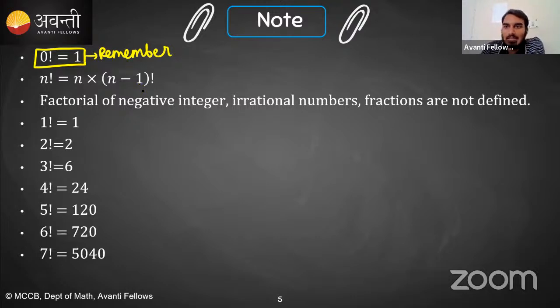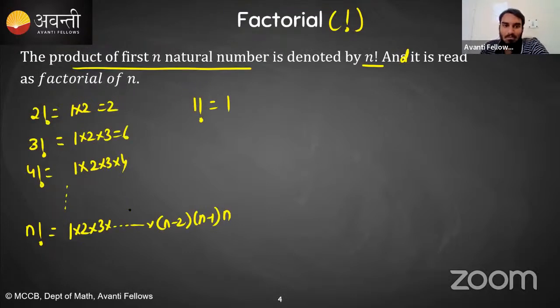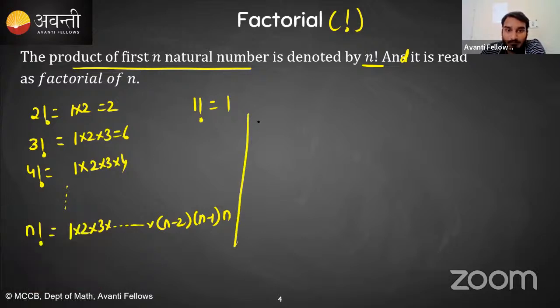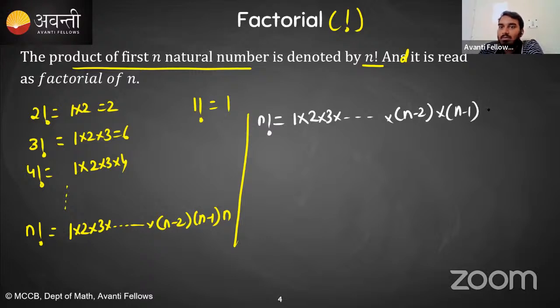One way to prove it is to start with this. When I said n factorial, what was that? It is the product of the first n natural numbers: 1, 2, 3 up to n minus 2, n minus 1, n.